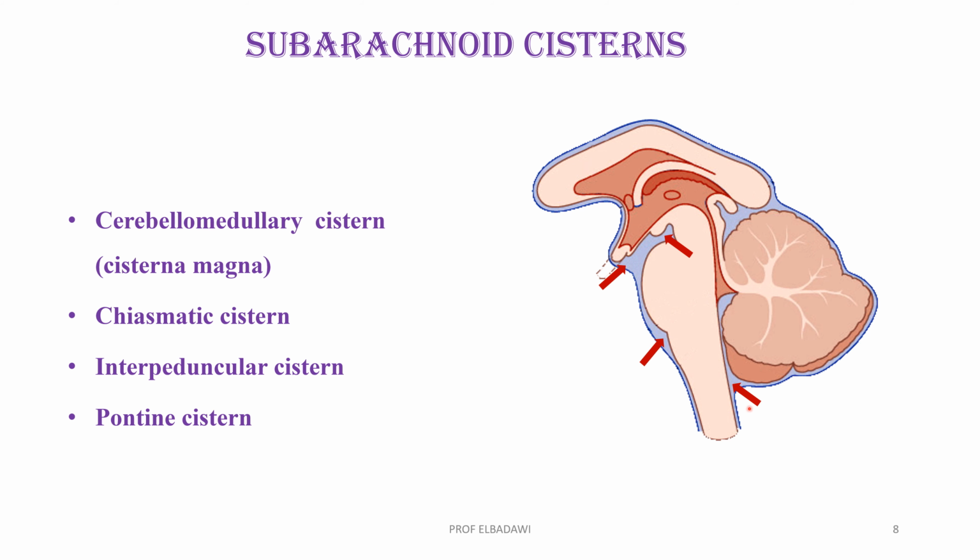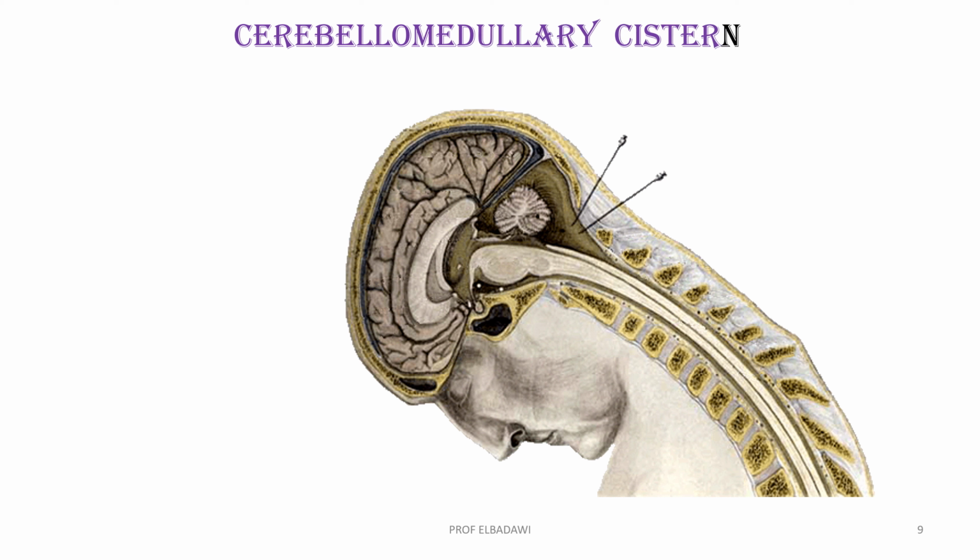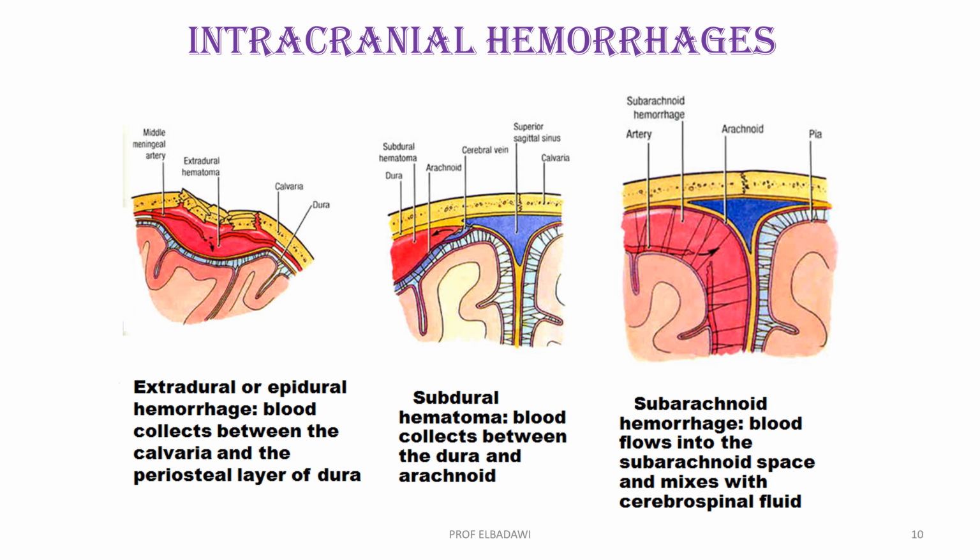But the important one, from which you can take a sample of CSF, is the cerebellomedullary cistern, or cisterna magna. That's how you can approach to get cerebrospinal fluid from the cranial cavity. That is the cisterna magna.